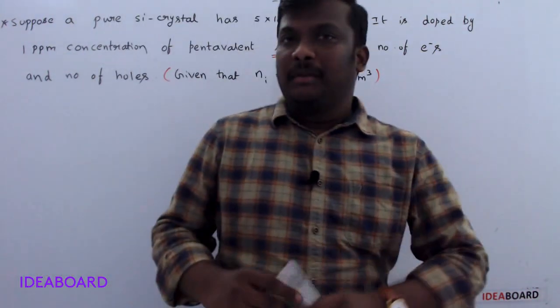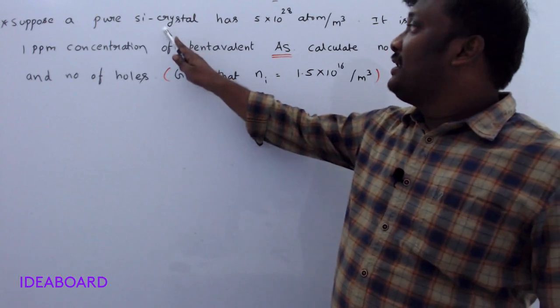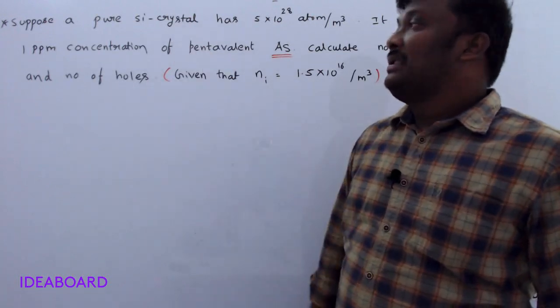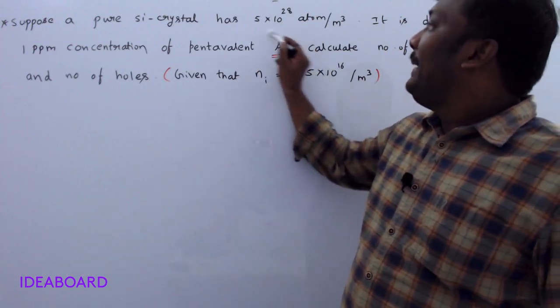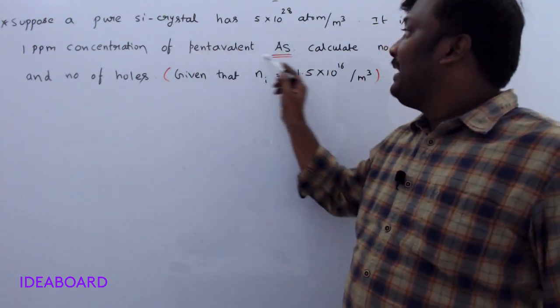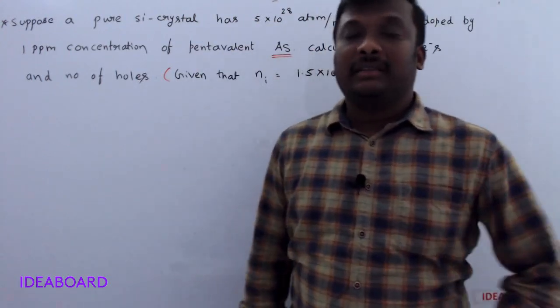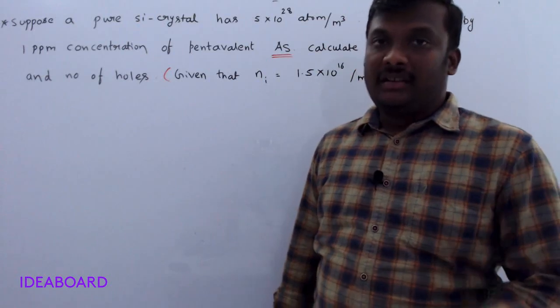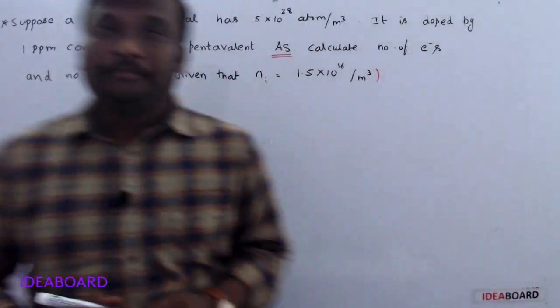The simple way to understand this numerical: they considered one pure silicon crystal and it is doped with a pentavalent impurity. Whenever it is doped with a pentavalent impurity, it becomes an n-type semiconductor. Now, here a word is coming, ppm.